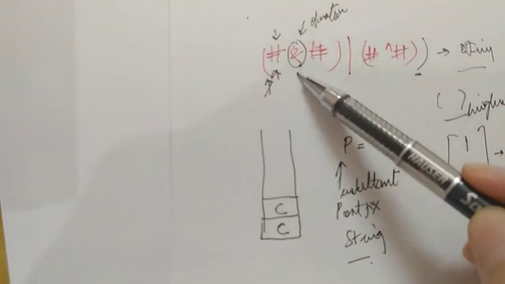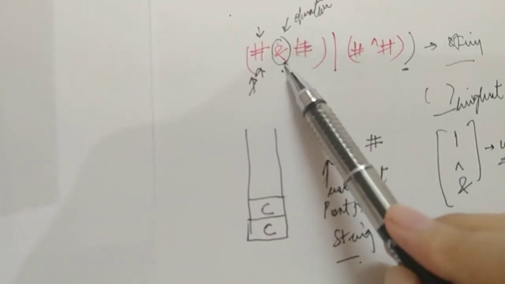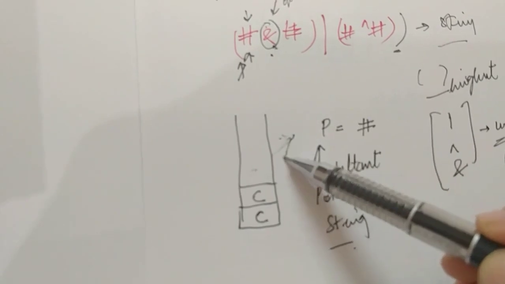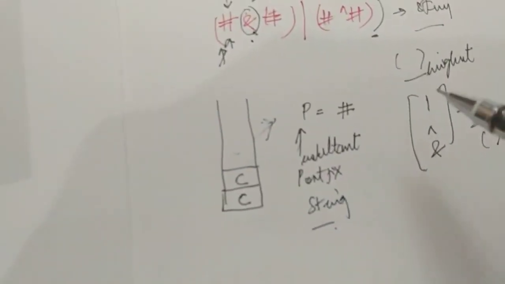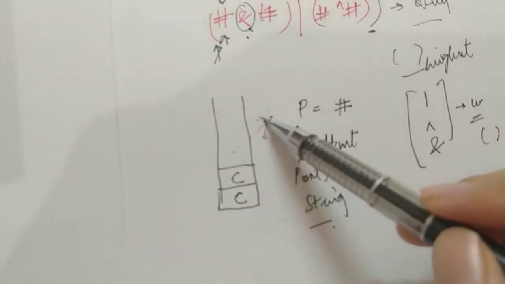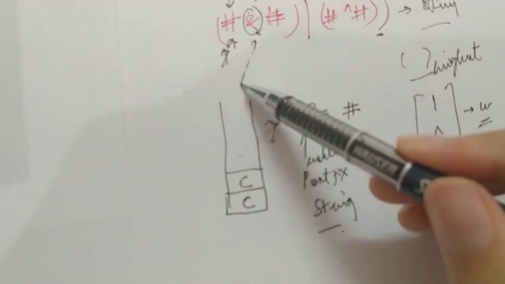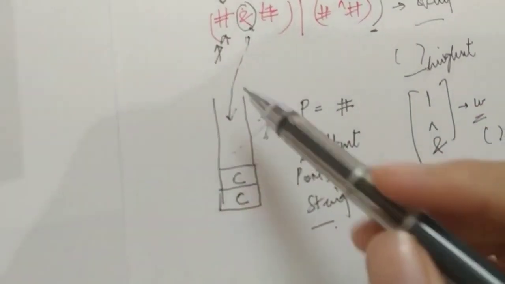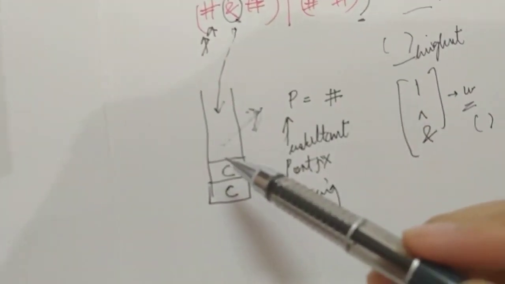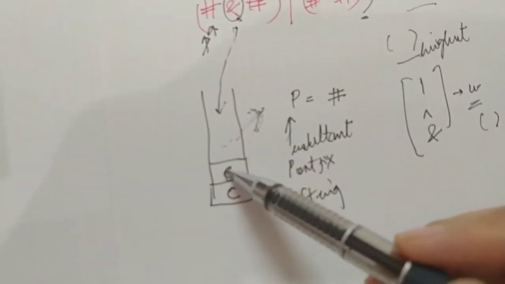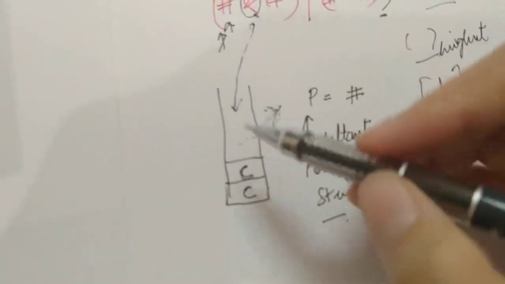Whenever we encounter an operator, we need to pop all the operators, because here all the operators we took as the same precedence. We need to pop all the operators out of the stack and push this operator inside the stack. So we have to pop the operators up till the first opening parenthesis.